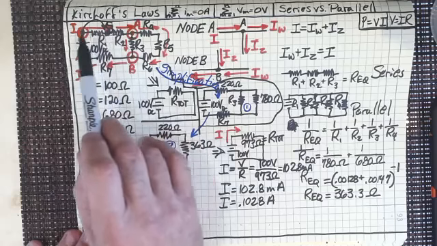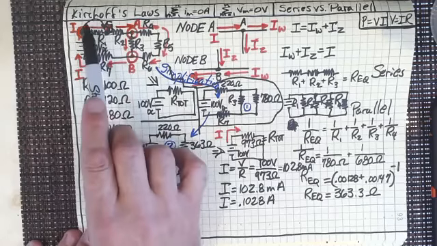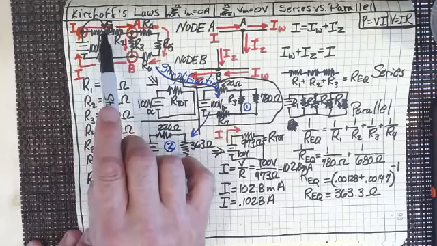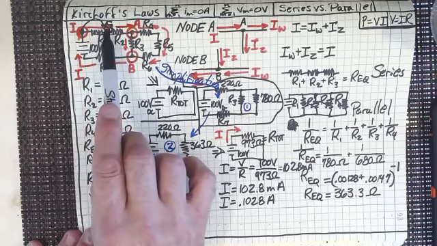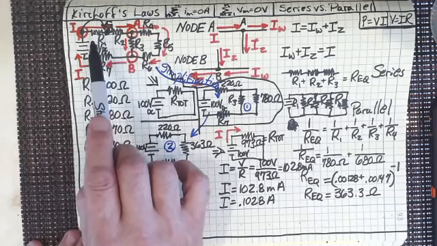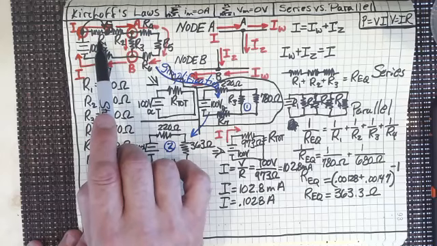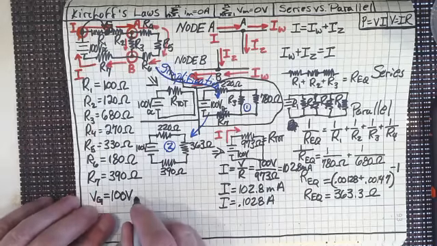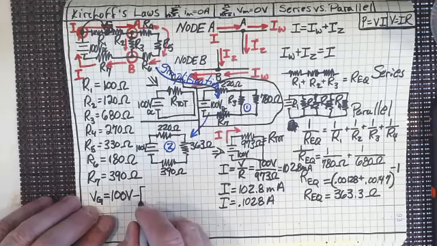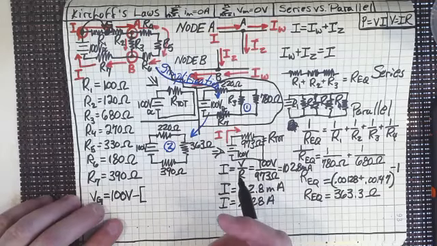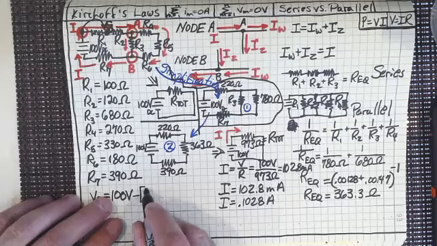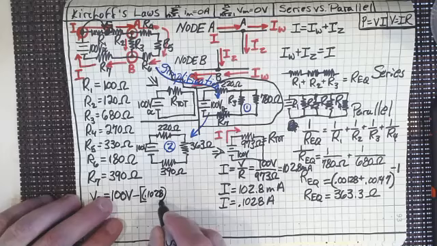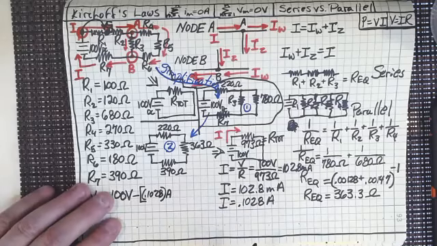But I know that the voltage drop across R1 is going to be the current going through R1 times the resistance value of R1. So 100 volts minus the current that's flowing through R1, 0.1028 amps.